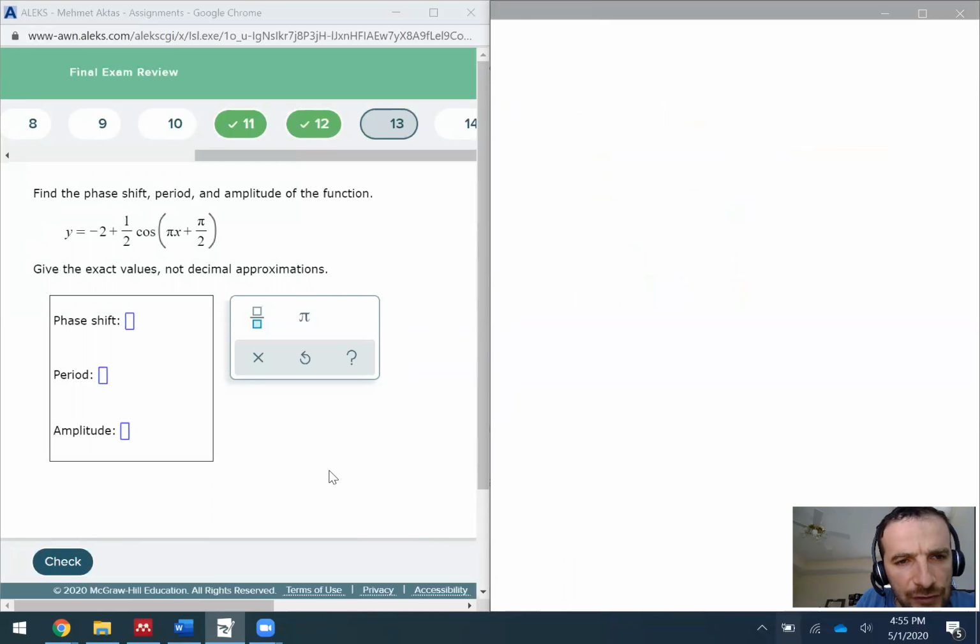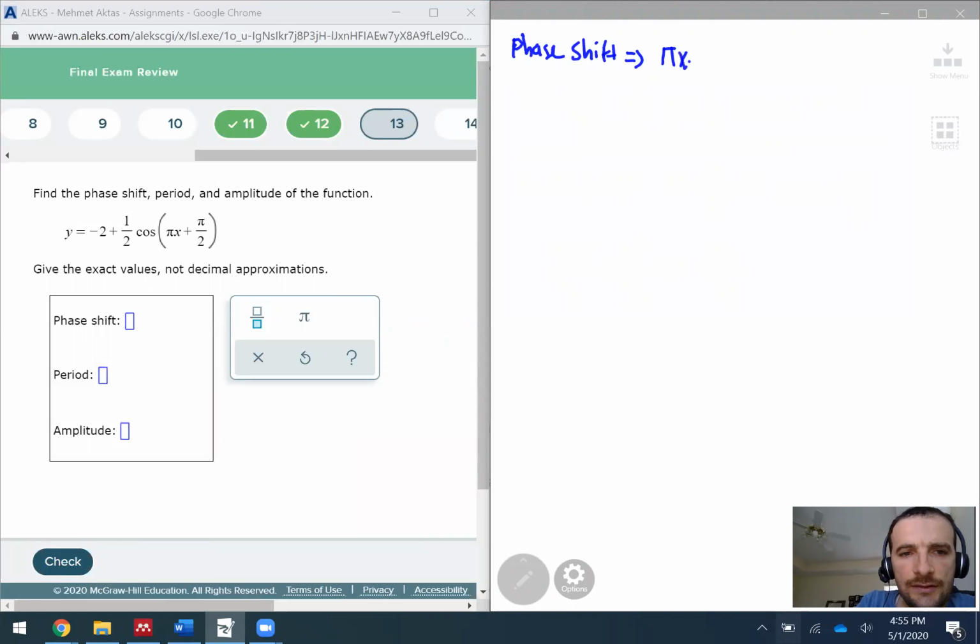To find phase shift, we have to look at the parentheses, right? Inside the parentheses. So phase shift is and set it equal to 0. So for phase shift, pi x plus pi halves is equal to 0.